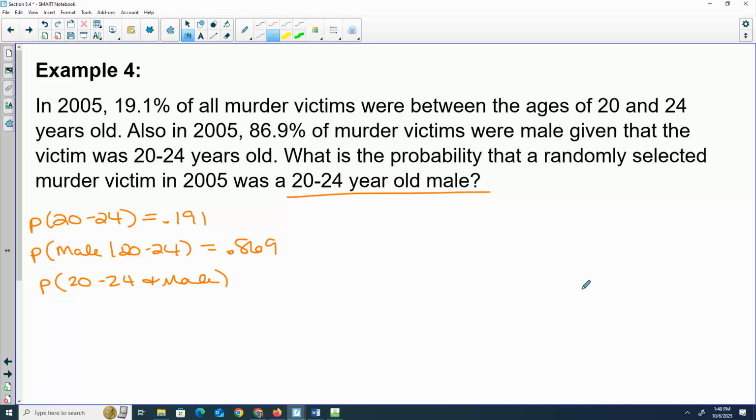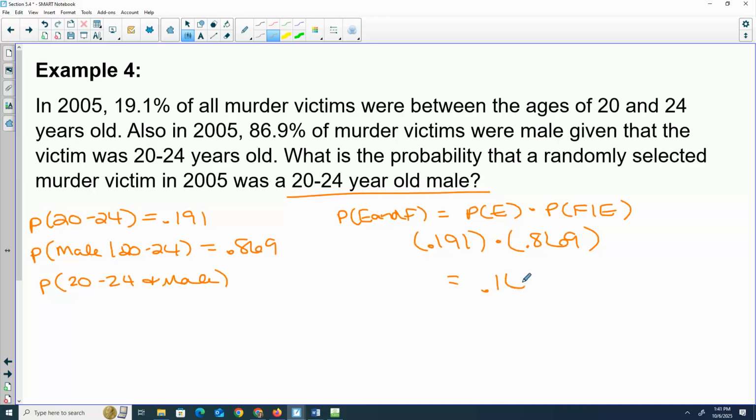We're looking for the and. And means multiply. So it's just the probability of the first one times the probability of the second, given that the first occurred. If you wanted, you could even write it out in formula form. So we get 0.16597, so 0.1660.